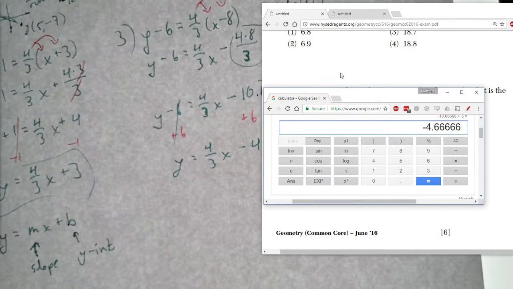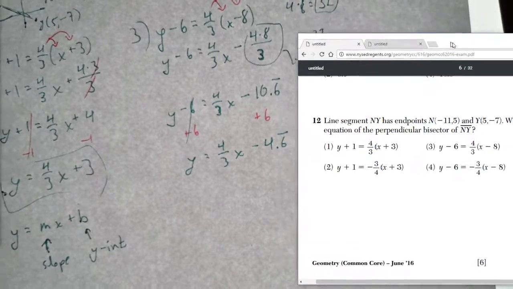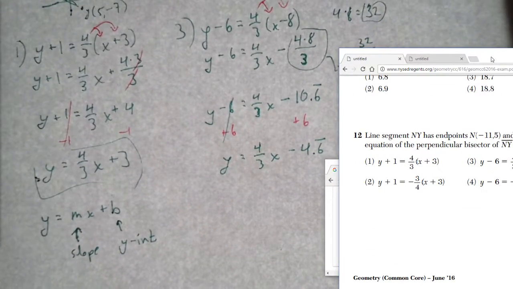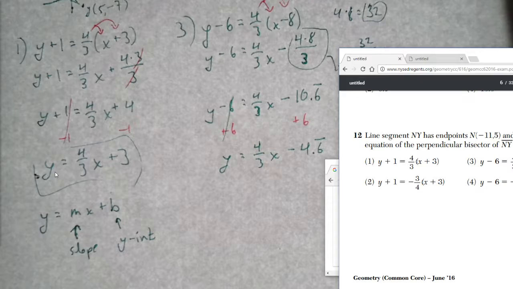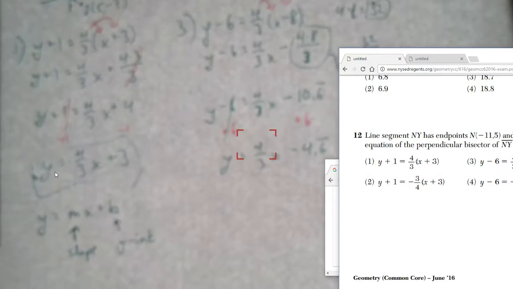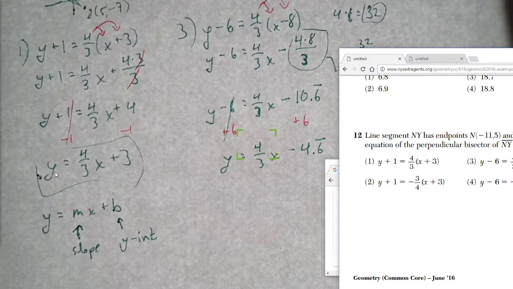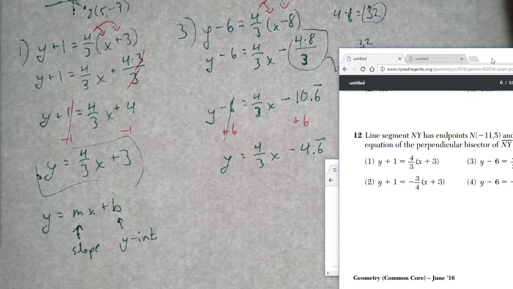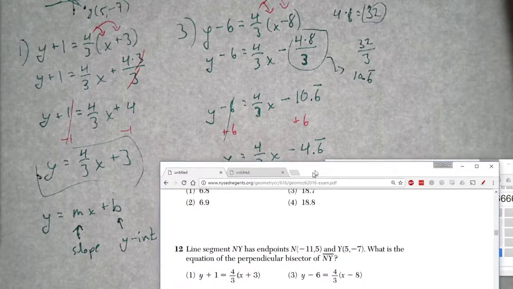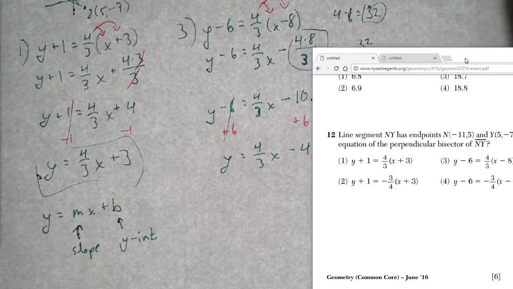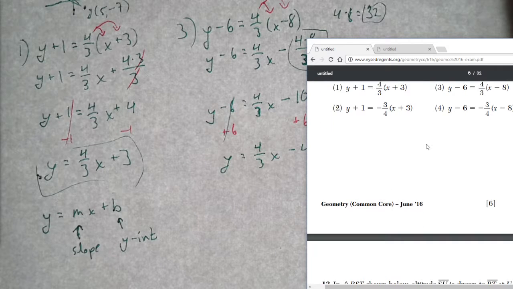Let's move this stuff out of the way. For answer 3, I have the slope-intercept form y equals 4/3 x plus 3 and y equals 4/3 x minus 4.6 repeating. I know that both of these are going to be perpendicular. I'm trying to find a good spot I can scroll up on this.